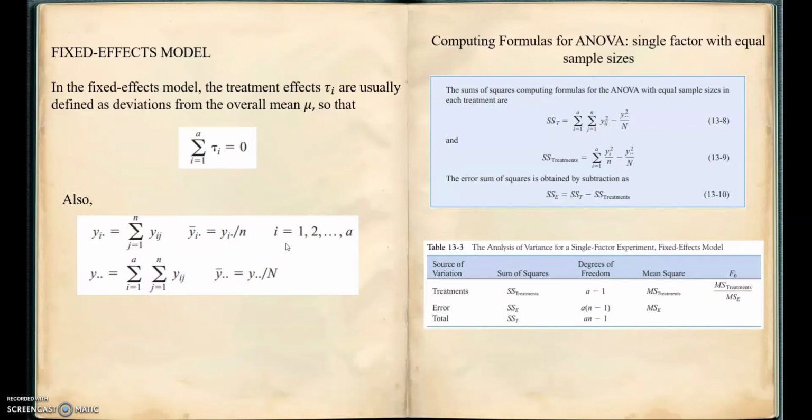The sum of squares error is obtained by subtraction: sum of squares error is equal to sum of squares total minus sum of squares treatments.